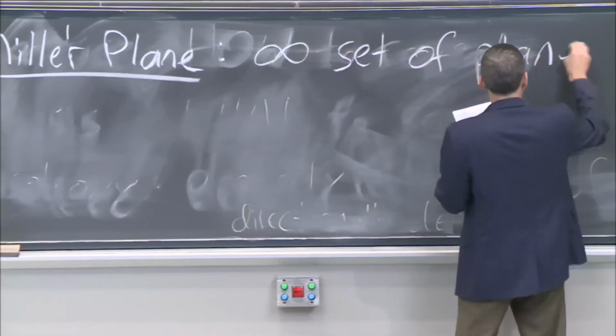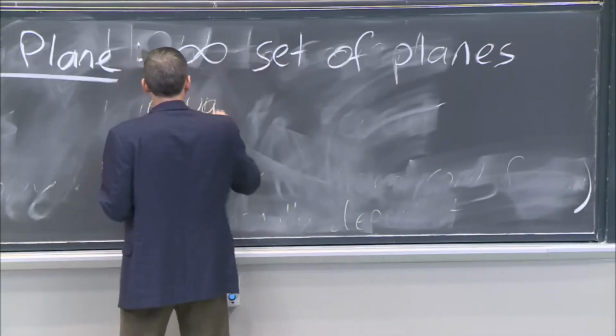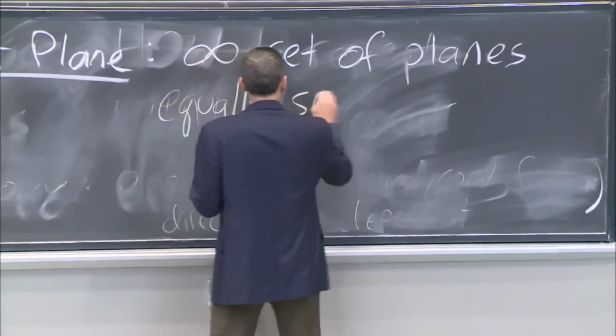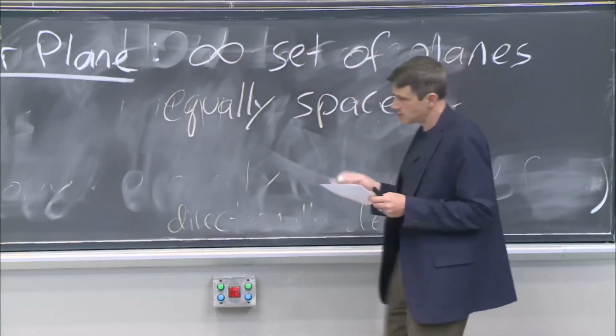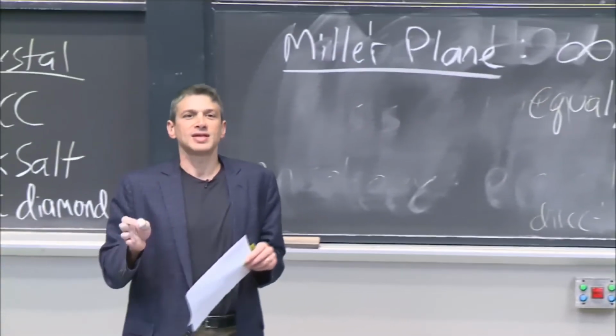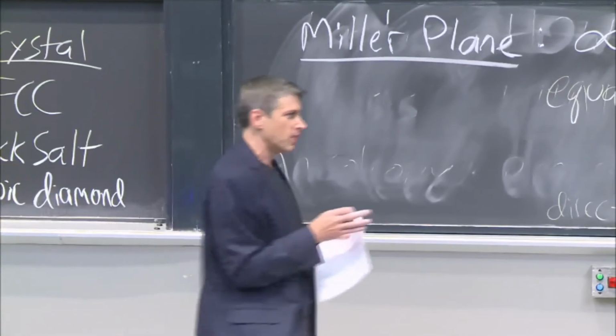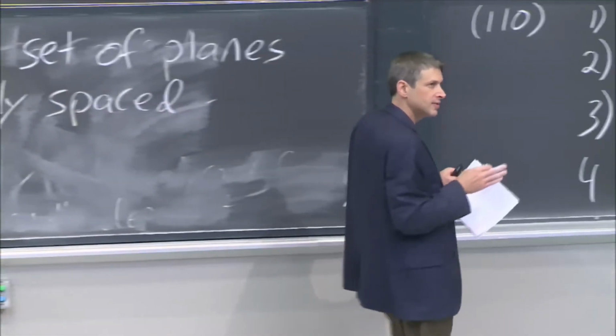They are equally spaced, and here's the key. One should always be going through the origin. If you want to look at it as a set of planes, you have to put one at the origin. That will help you think through what I mean.